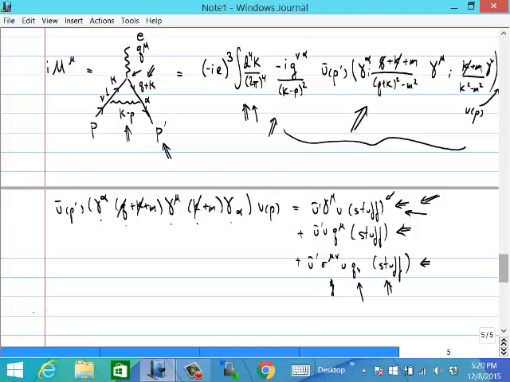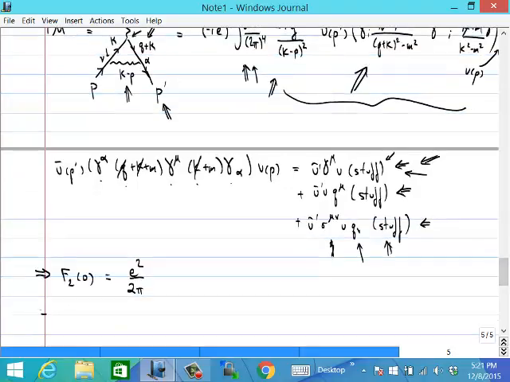The answer that you get is an expression for F2 at q equals 0, which is e squared over 2 pi. So it's one of these cases where you have a very complicated set of intermediate steps, but a very simple answer. Or putting this back into our formula for the g factor, this is 2 plus alpha over pi.